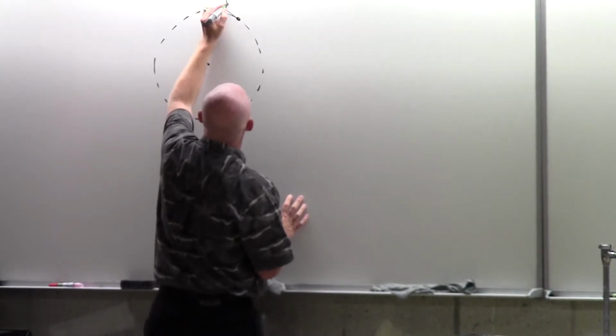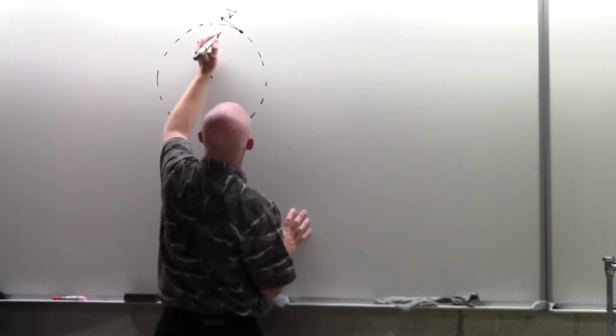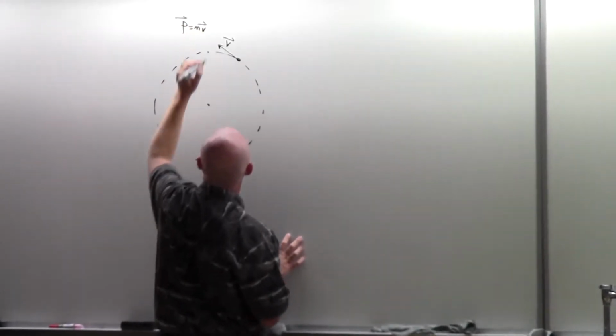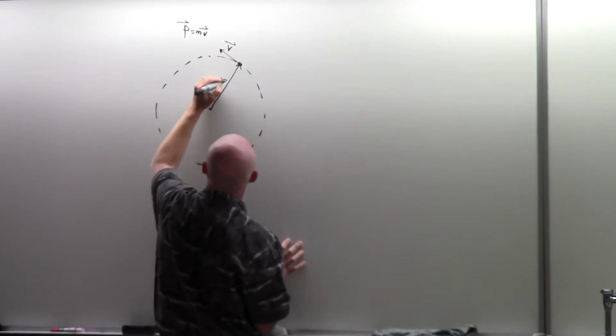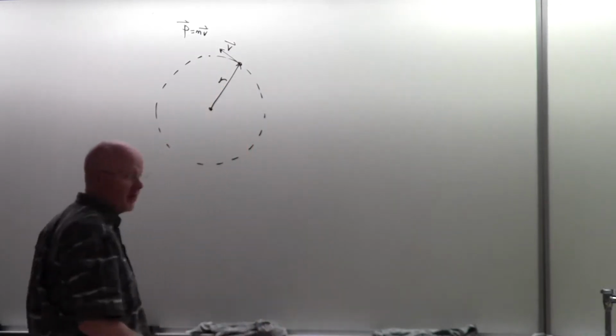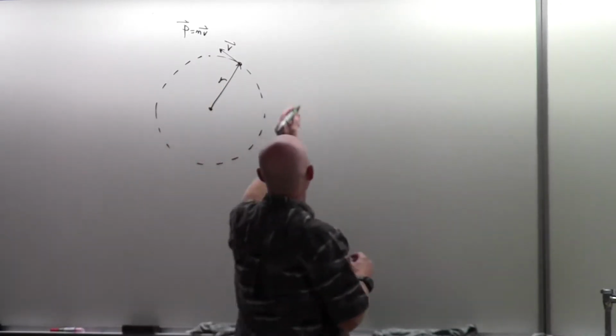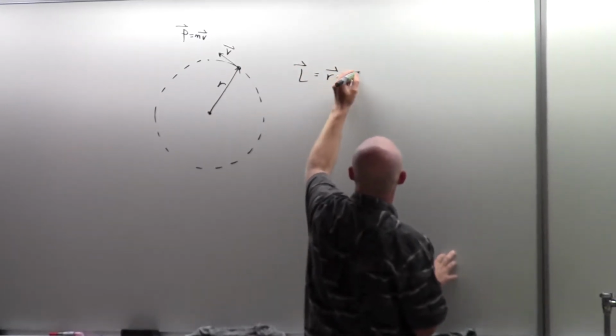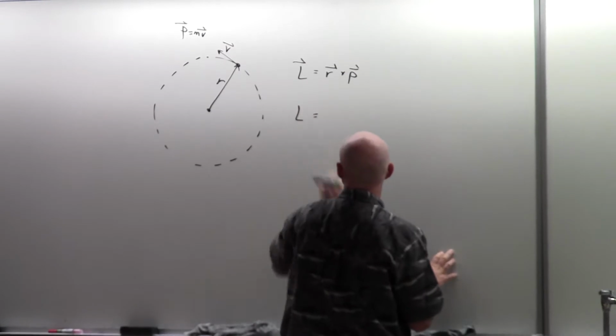At that particular moment, it has some velocity, which means its linear momentum vector is mv. Its radial vector would be out here from the center. And if I go to calculate what is the angular momentum, this calculation would be divided into two pieces.